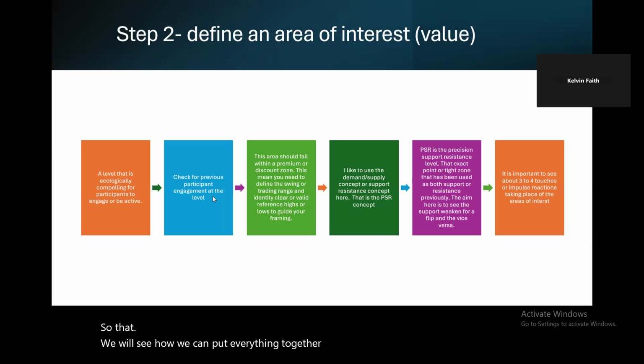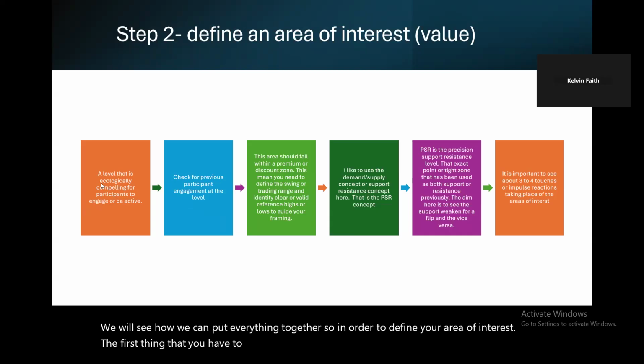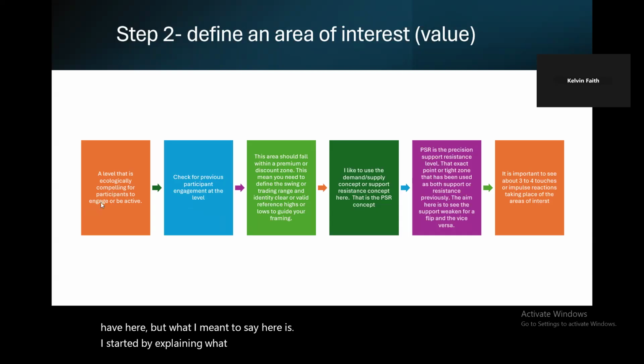So, in order to define your area of interest, the first thing that you have to do, and I think I have made a spelling mistake in the writing I have here, but what I meant to say is, I started by explaining what I think an area of interest is.